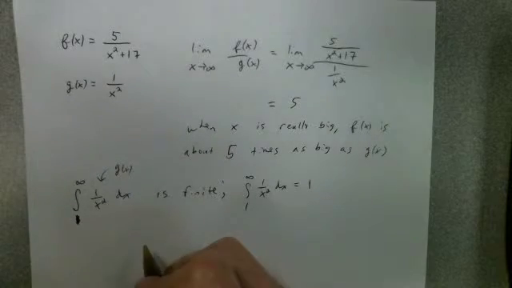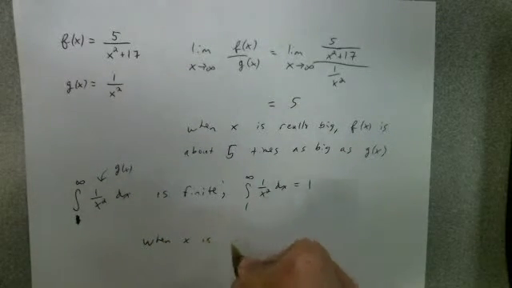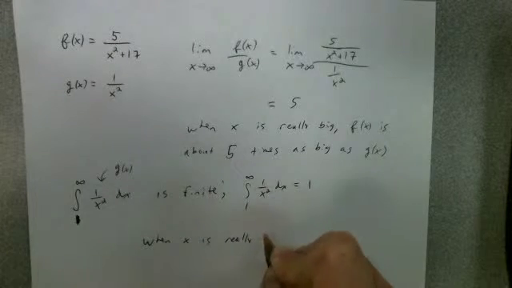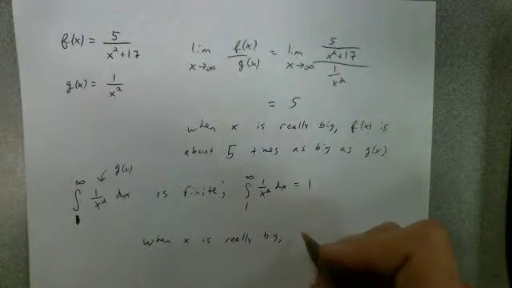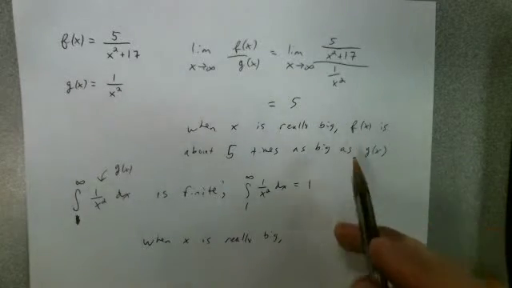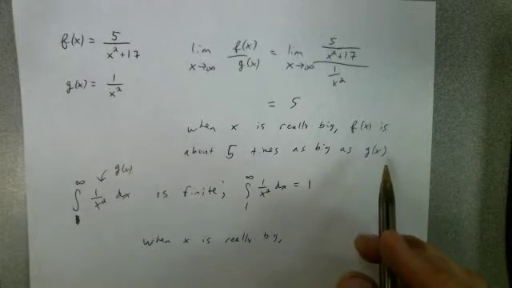Okay, now, when x is really big, we said that f of x is about 5 times as big as g of x.